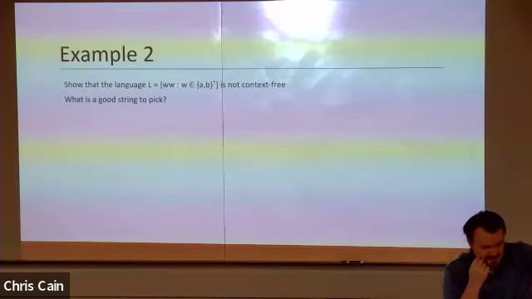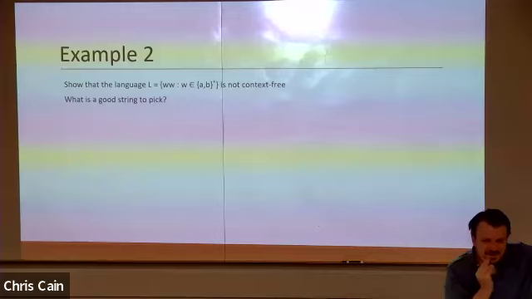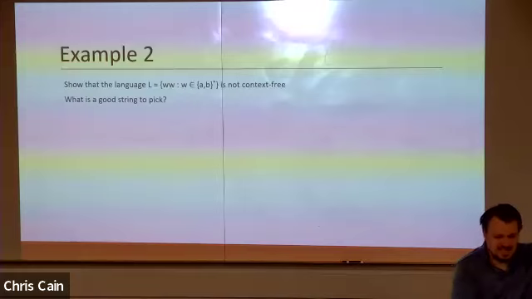Any thoughts? Good string to pick? I don't know. So the one that was suggested yesterday, which was a good idea, but turned out not to work, was (AB) to the M, (AB) to the M, with parentheses around AB.